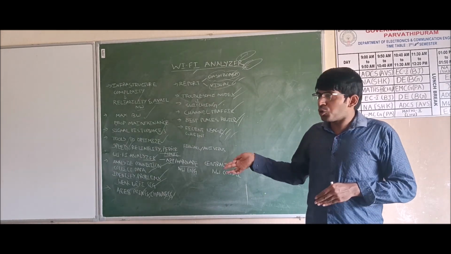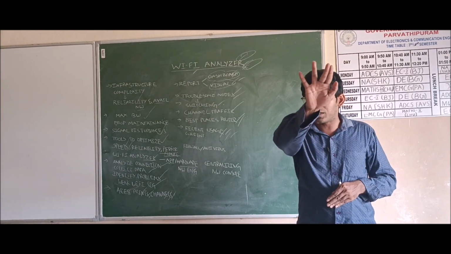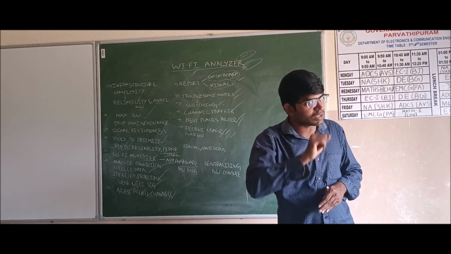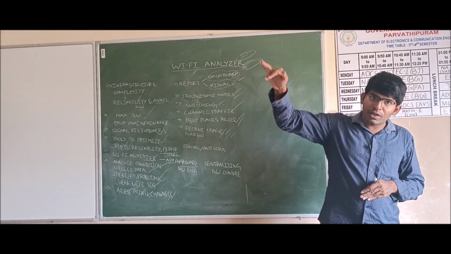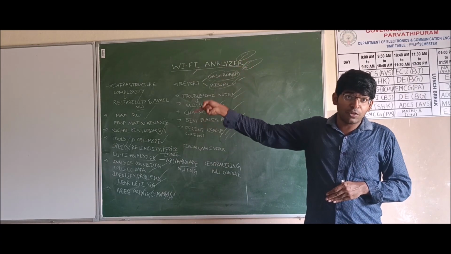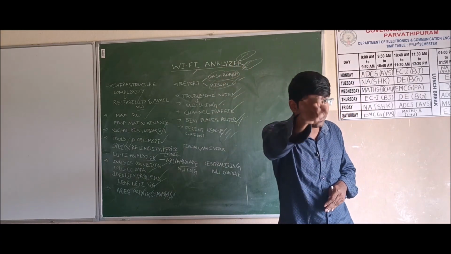So for security, not only are we relying on Wi-Fi analyzer, remember, we are using firewall and antivirus softwares. Along with the firewall and antivirus softwares, Wi-Fi analyzer is also important, even though we use the antivirus software and firewall.